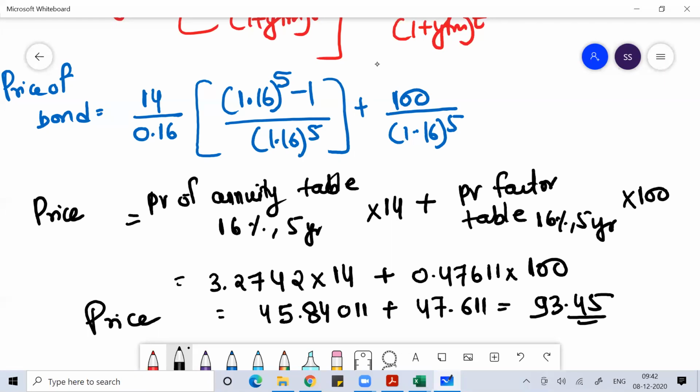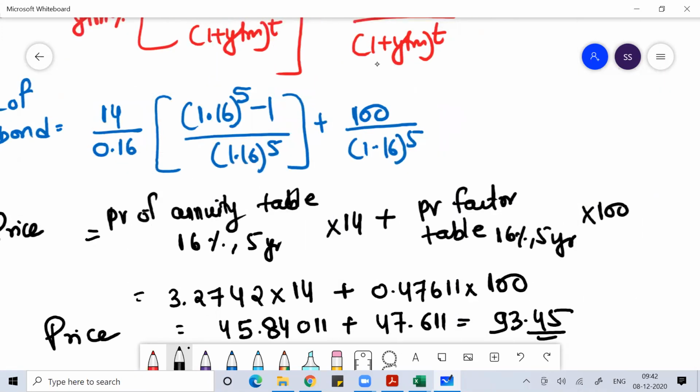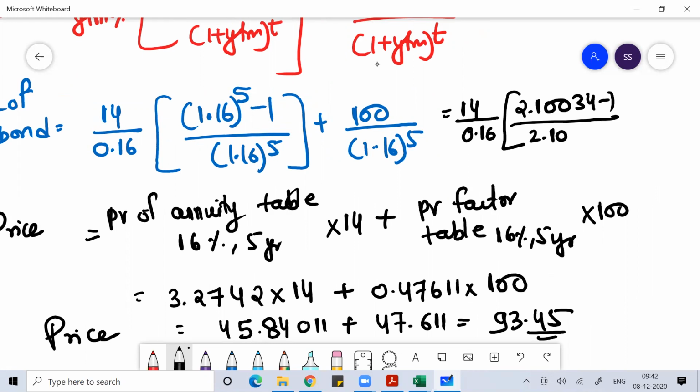Now if I want to solve this further, this is 14 divided by 0.16. This 1.16 to the power 5 is 2.10034, minus 1 divided by 2.10034.